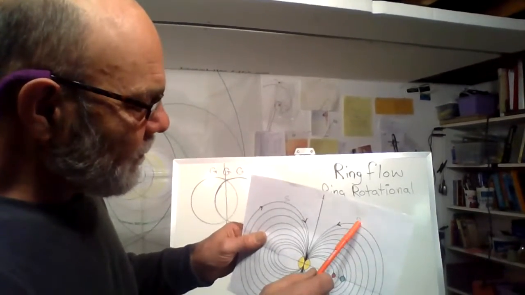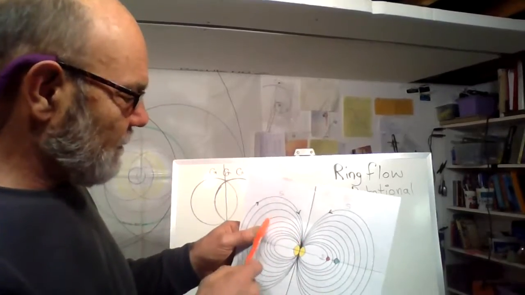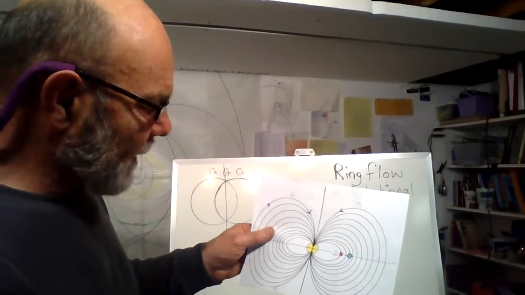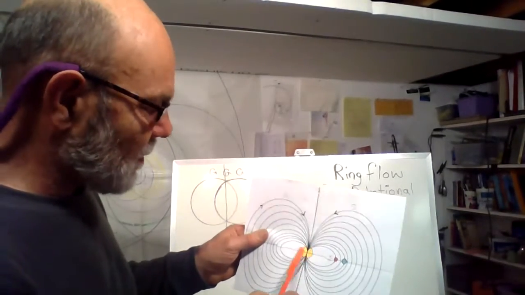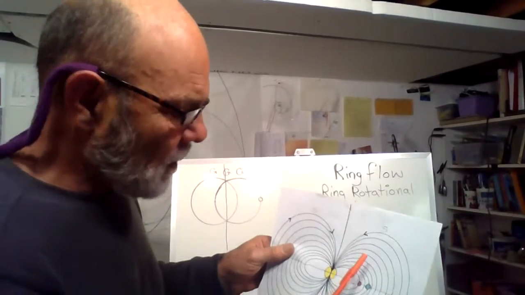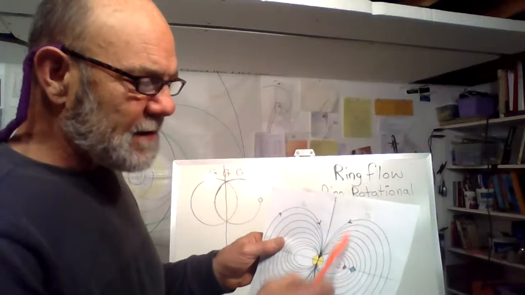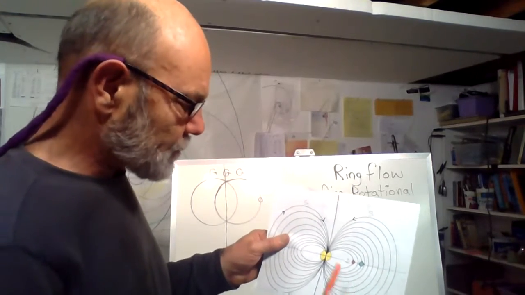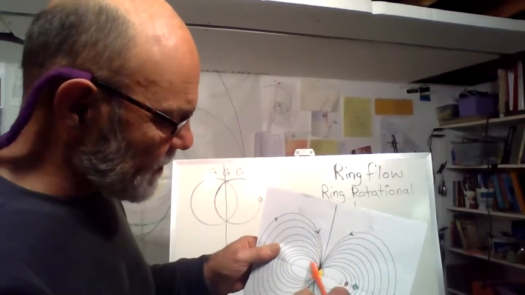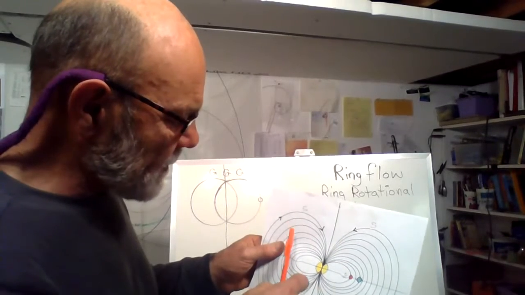So now I've added South Pole magnetism, North Pole magnetism. The compass, if this is the Earth, the compass always points north. So north and south attract. So the South Pole energy is up here. Compass always points north.